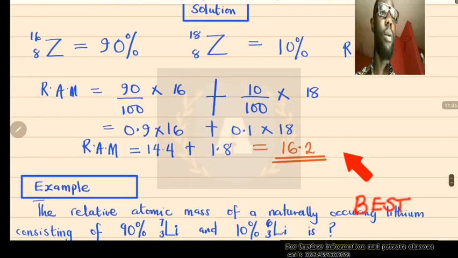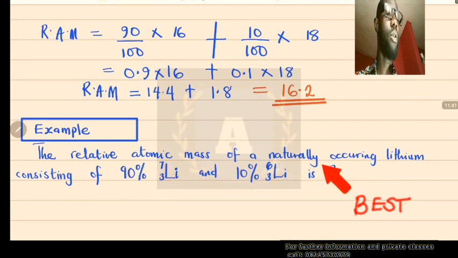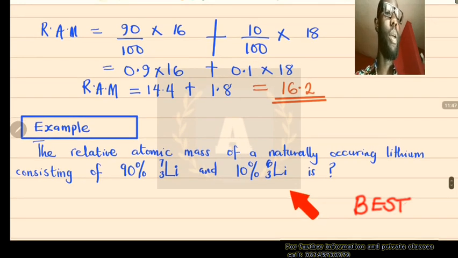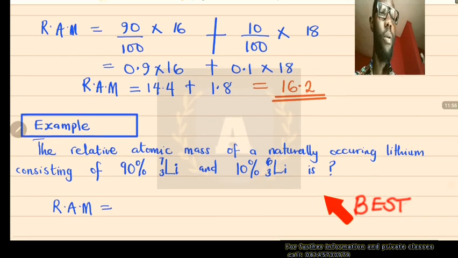Good. Now to the next question. The next question says the relative atomic mass of a naturally occurring lithium consisting of 90% lithium-7 and 10% lithium-6 is. Yet again we are asked to calculate R.A.M for lithium.